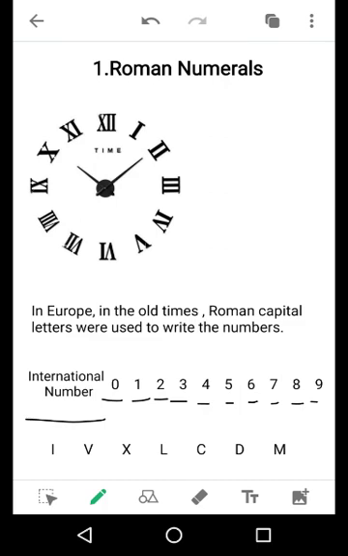Similarly, the Romans had their own set of symbols. They used 7 basic symbols, that are I, V, X, L, C, D, M. First, let us see the meaning of these 7 symbols.